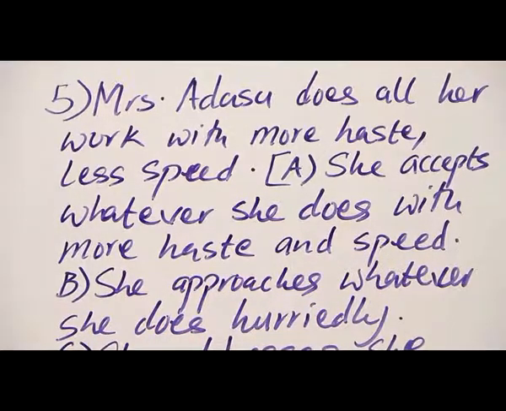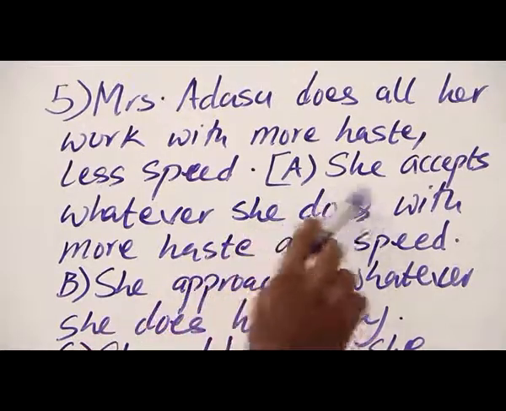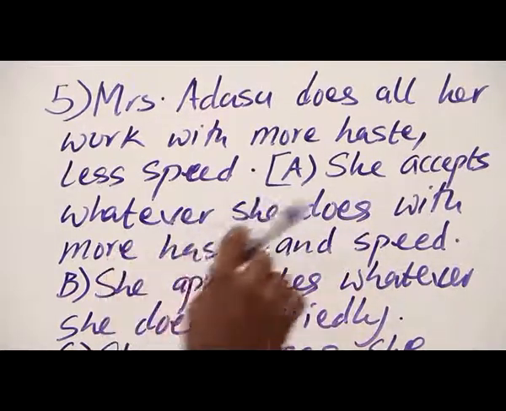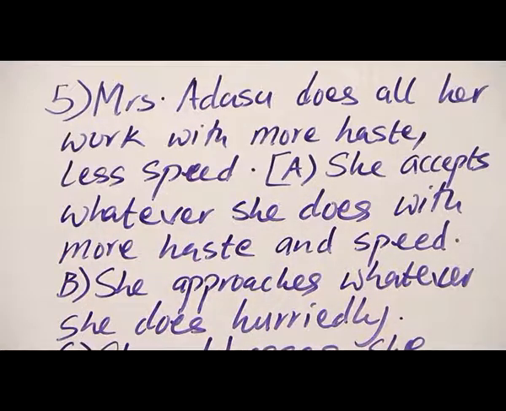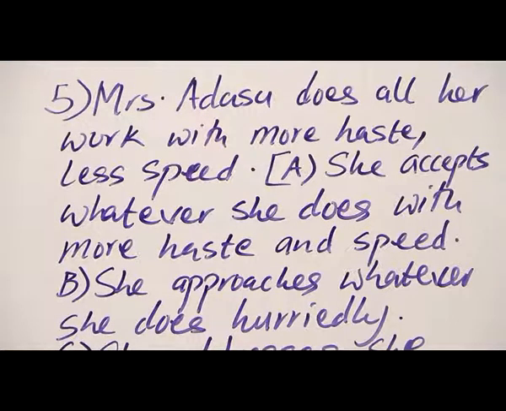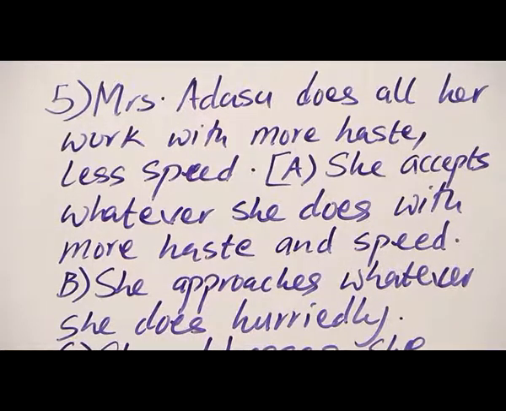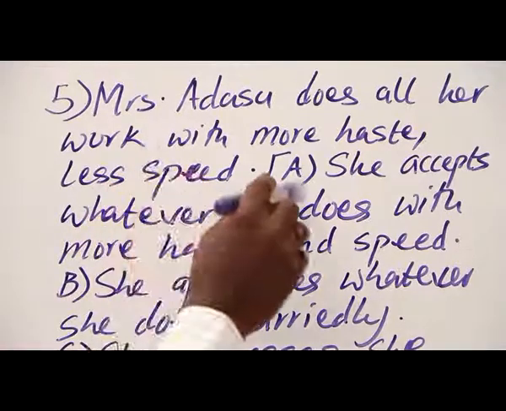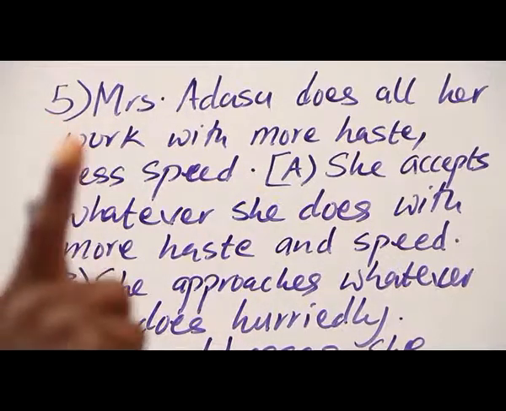Can that be correct? No, it's wrong. Why? You say she accepts. There's a difference between accepting and doing. So it is not that she does, but she accepts. That is what option A is on. So it is wrong on that count.